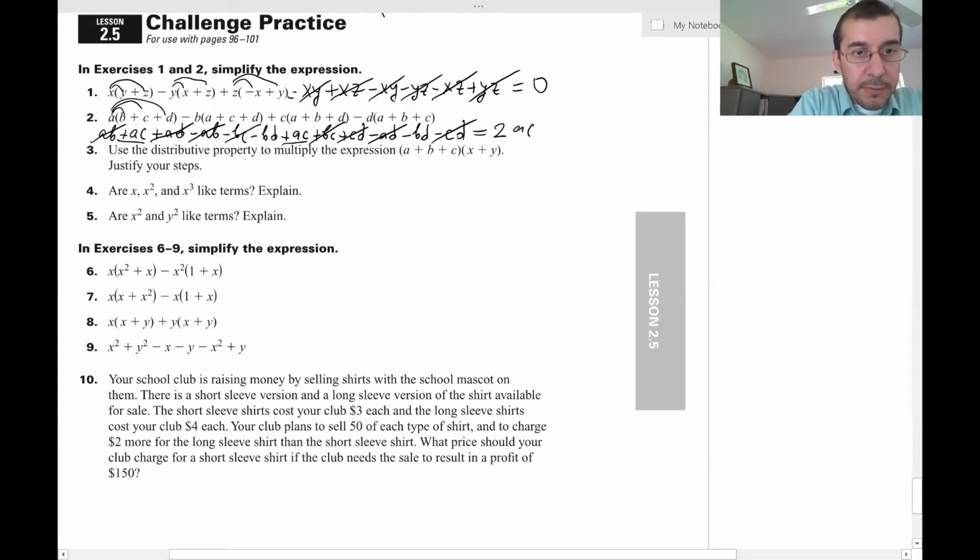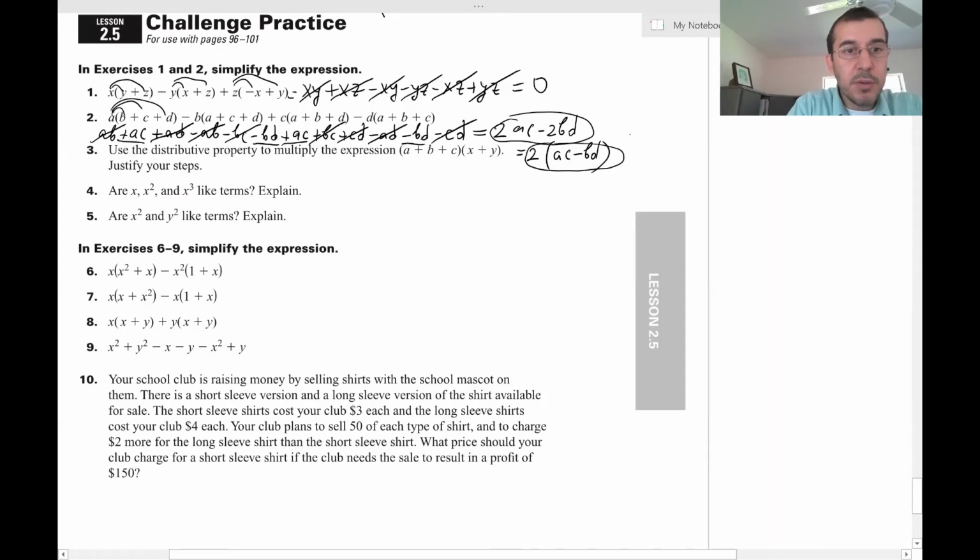And then we have minus BD and another minus BD, so minus 2BD. Or we can factor out 2 and we end up with 2 times AC minus BD. But both solutions are acceptable. Either 2AC minus 2BD or factor out 2 and then in parentheses AC minus BD.